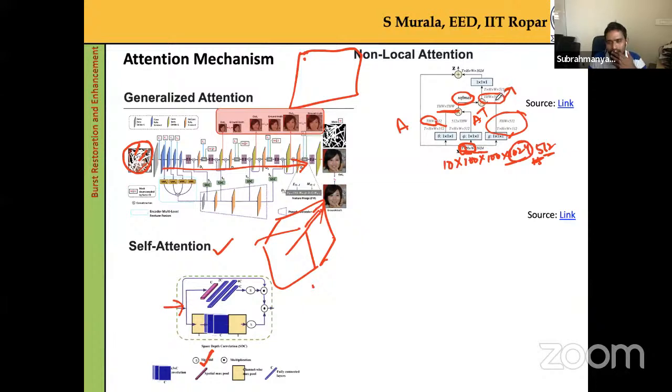So what ultimately happened here, all rows, columns, and batch, everything will be a single row or single column. And then the other one is a column, the other one is a row, and both are multiplied in the matrix multiplication. You are getting a bigger size matrix.